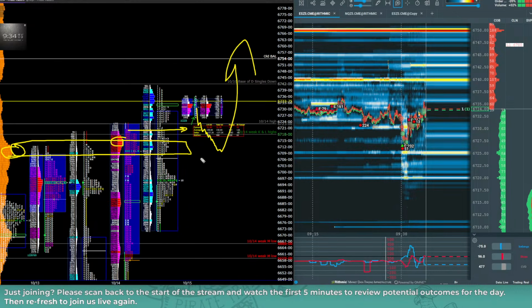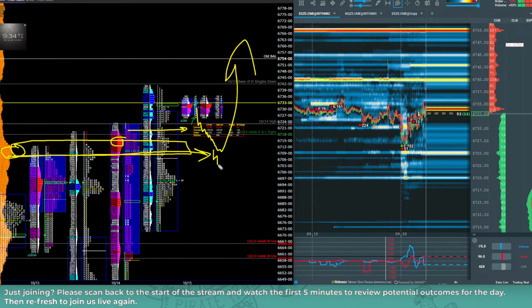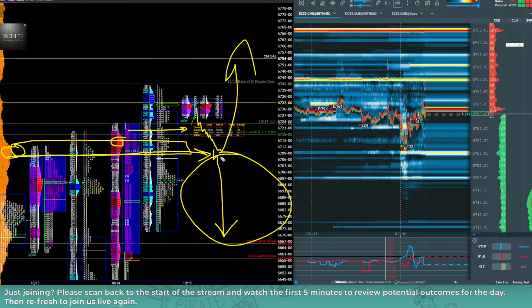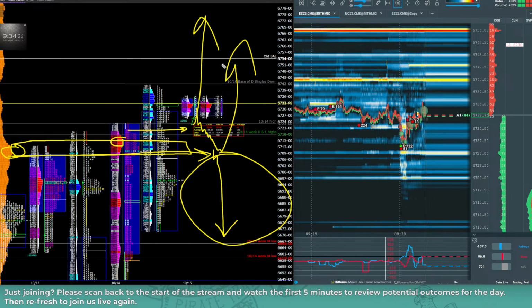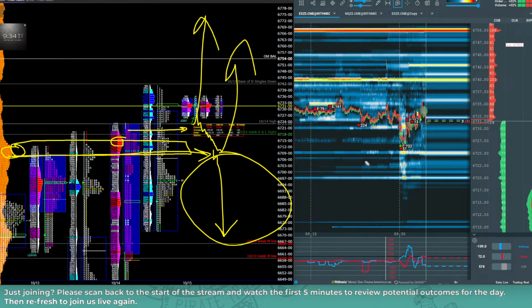So be a little cautious there. But if the market gets below 67.09, it is definitely going for a larger pullback. Okay, so we'll be bearish if that happens. But pretty much until that happens, I'm bullish for that larger move on a swing trade back up towards the all-time high to begin today.